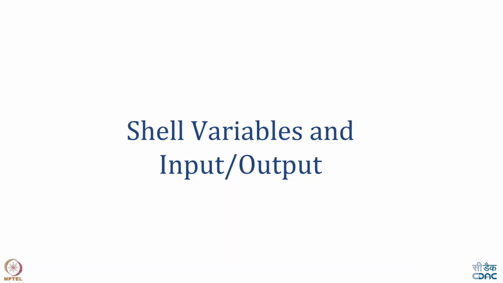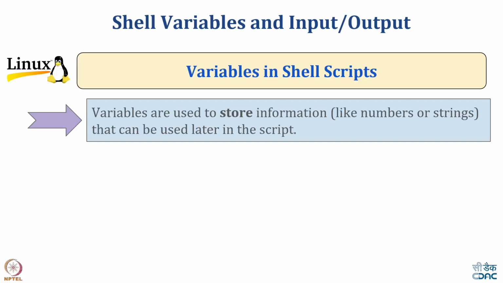Now let us talk about another concept: variables and input/output, how one can deal with input and output as well as with variables in the shell script. Basically, what exactly are variables in a generic sense?